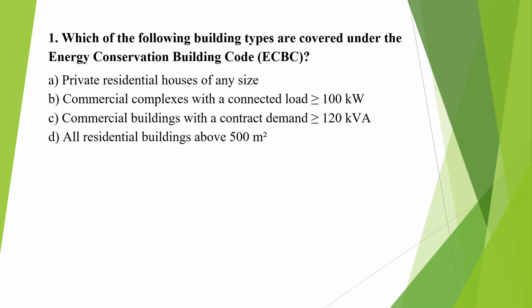Here is the first question for the session: which of the following building types are covered under the Energy Conservation and Building Code, ECBC? As we can see, there are 4 options. Out of the 4 options, I would like you to choose the most appropriate answers.